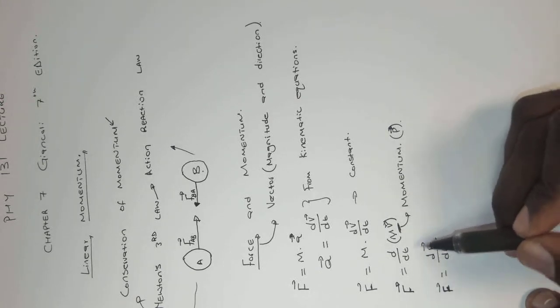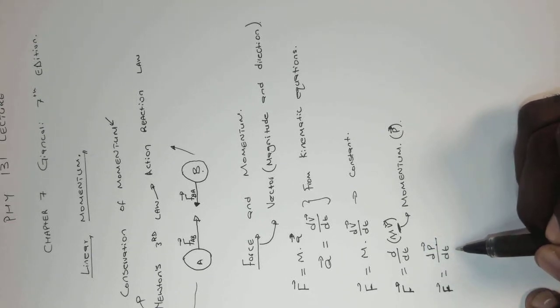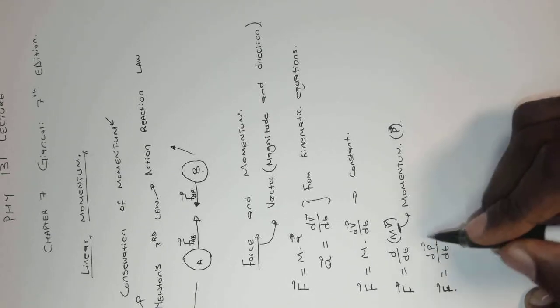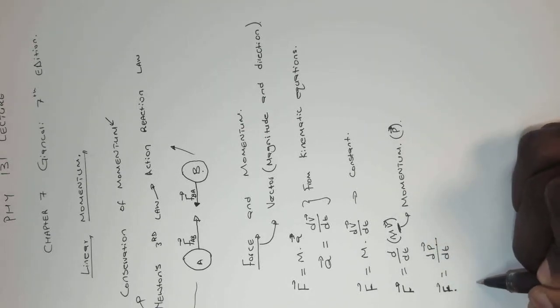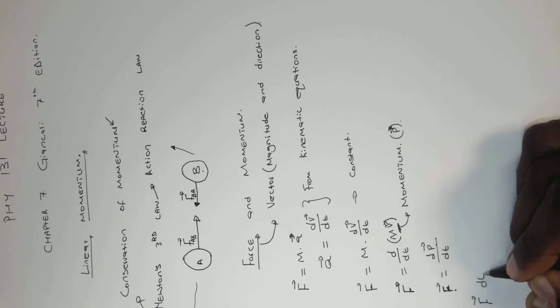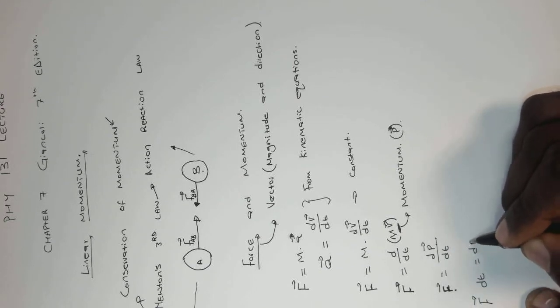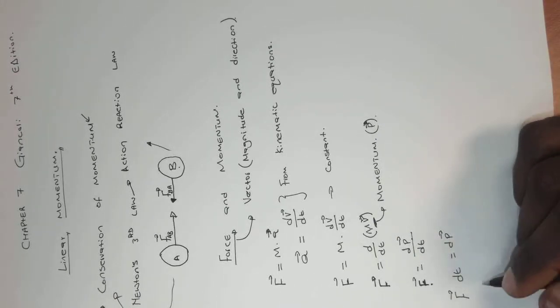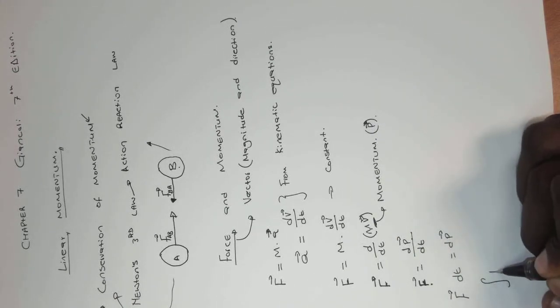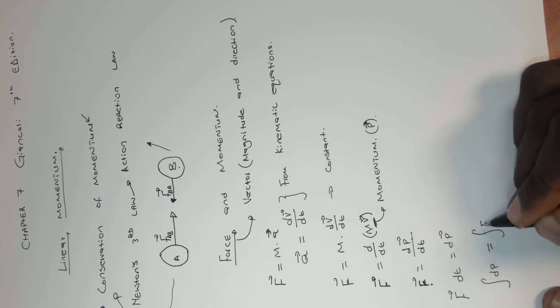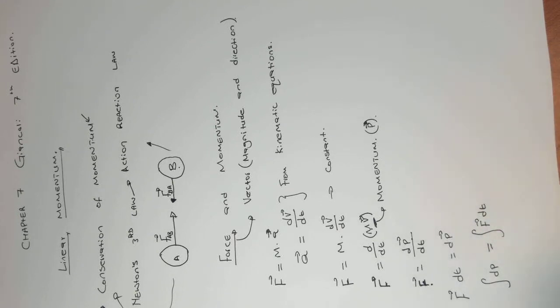Or if there is a change in momentum over time t, it means you have applied a force F. So you can solve by multiplying both sides by dt: F dt equals dp. Then you can integrate both sides. The integral of dp equals the integral of F dt.